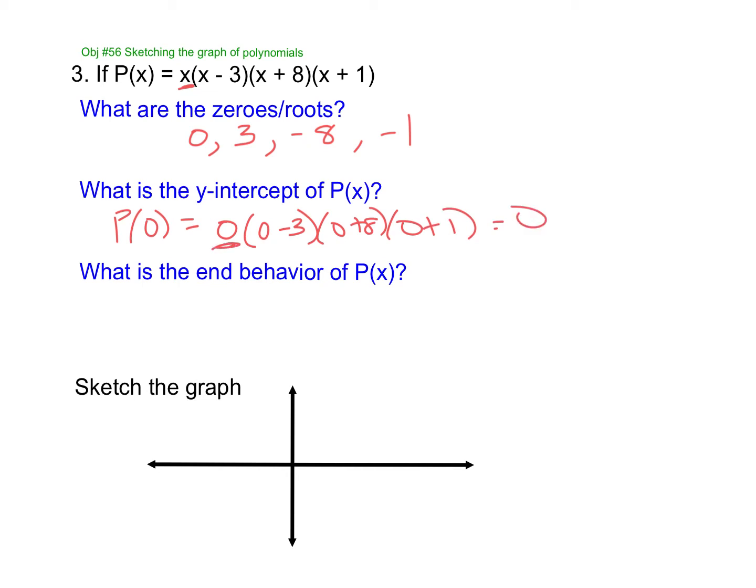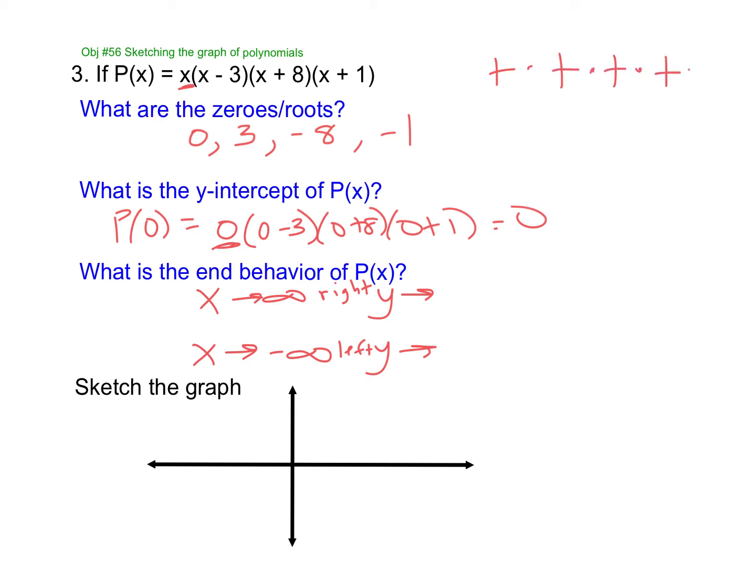And then the end behavior. As x goes to infinity, what's happening to our y? As x goes to negative infinity, what's happening to our y? Remember, positive infinity means going to the right, negative infinity is going left. So to the right, positive numbers. I always just count. How many terms do we have? I have 4. So we have a plus times a plus times a plus times a plus.